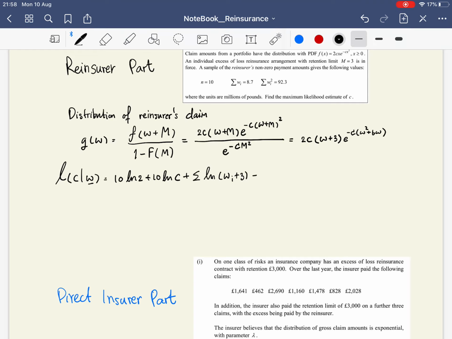And lastly, take away C times the sum of wi squared plus 6 wi, right?